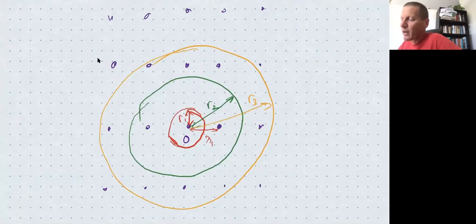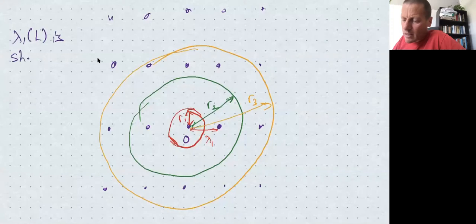If I'm bigger than lambda 1, I start seeing this particular vector over here. So lambda 1 of L is the shortest non-zero vector of L.